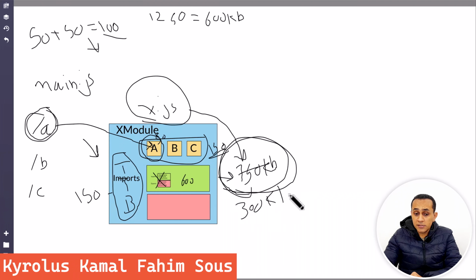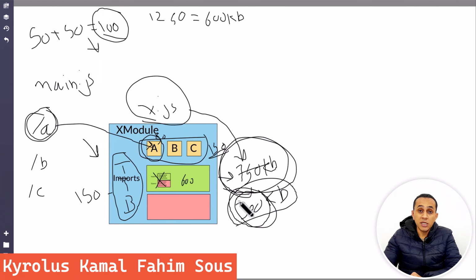Okay, yes, this is good, and this will increase the performance, but the problem still exists, because we need 100 only, but we will download 300. So now the problem is that we always have extra code, or unnecessary JavaScript code, and this problem exists with or without the shared module.